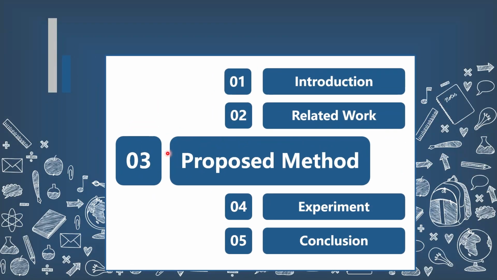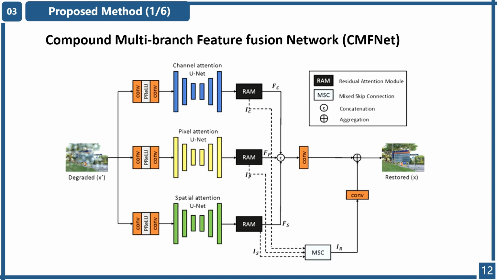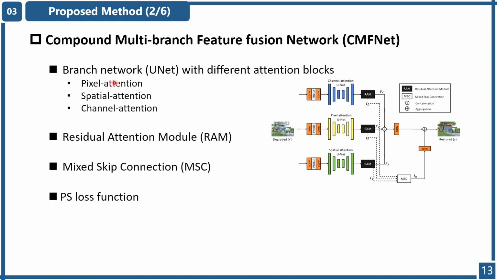And now, let's dive into the core of our research, the proposed method. On this slide, you will see the architecture of our proposed CMF net. There are four main highlights to our CMF net architecture that I'd like to discuss. First, CMF net incorporates three distinct feature attention blocks in each branch of its UNet structure: pixel attention, spatial attention, and channel attention.